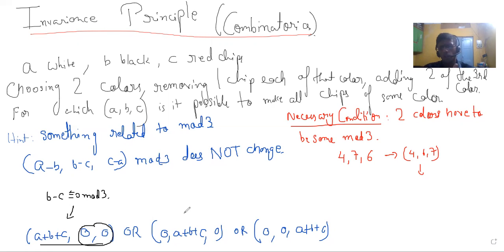So we are looking at this one basically. It doesn't matter which two are the same modulo 3, because you can always, yeah. The one that is different modulo 3 will become 17.